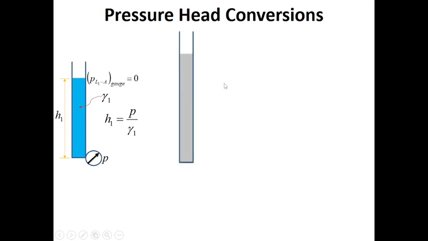Then we consider another substance with the height h sub 2 and specific weight gamma sub 2, that produces the same pressure as the first liquid. So the pressure head is P over gamma sub 2.